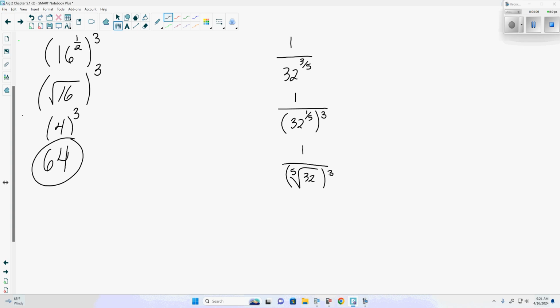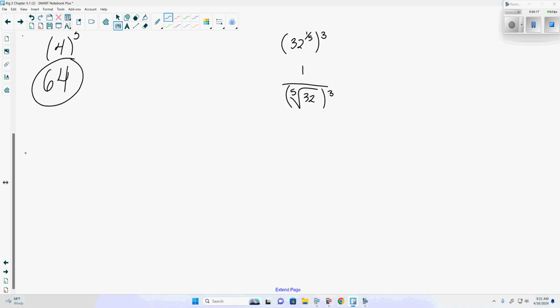And if we're going to have a nice number, it's probably going to be what? Small. Because we saw the other day, the bigger that index, the smaller this is going to get. So if I were to take a guess, I would guess that the 5th root of 32 is 2. Because 4 cubed, we just saw a minute ago, is 64. So anything bigger than 4 is probably not going to work.